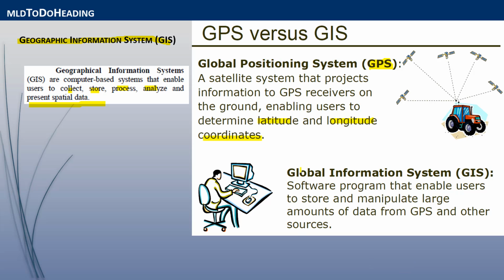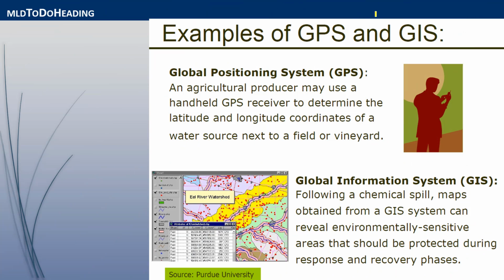So GIS is basically the software, and GPS is generally the hardware technology. And these are the examples of GPS and GIS.